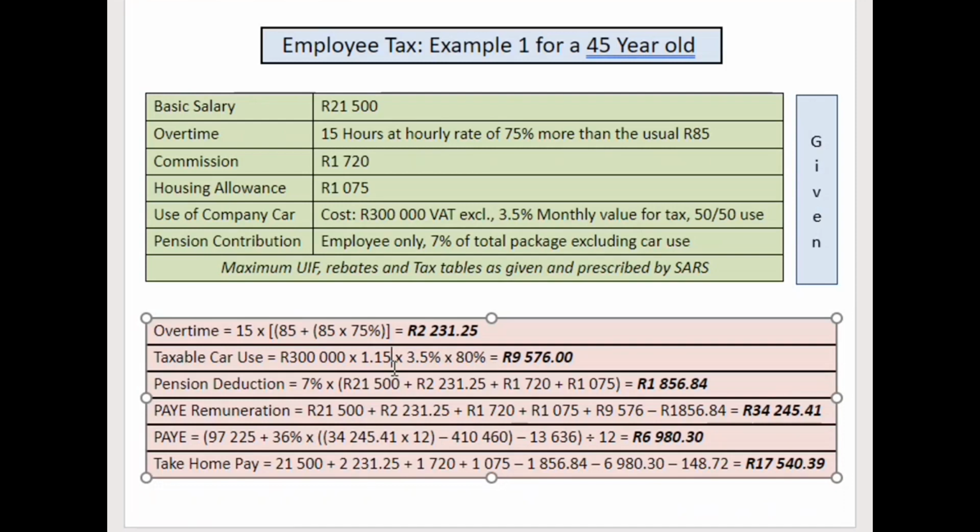So now at 300,000 multiplied by 1.15, and now I see that the VAT inclusive amount is 345,000. I take that 345,000 and I multiply it with 3.5%. Why? Because they told me it was 3.5%. Okay, and then I take the answer and I multiply that with 80%.